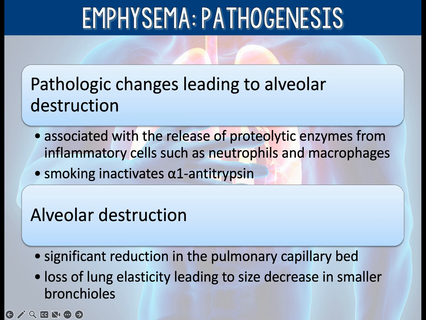A lot of times when there's loss of lung tissue, there's a loss of what they call radial traction. And radial traction is what holds your airway open. So when that is damaged, you have increased airway resistance, and of course it decreases your airflow.